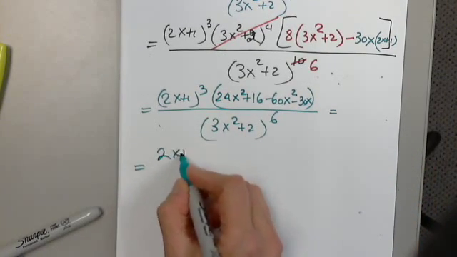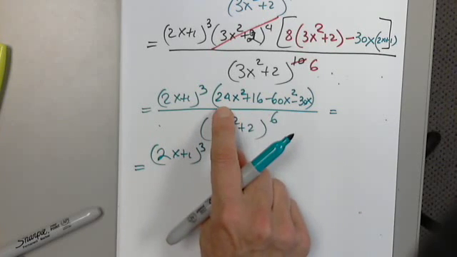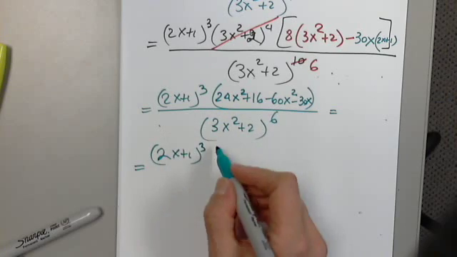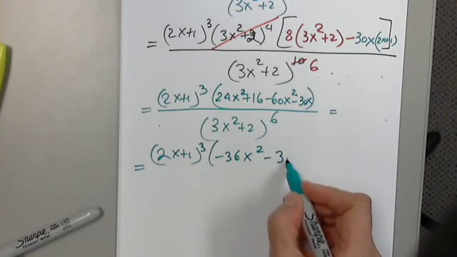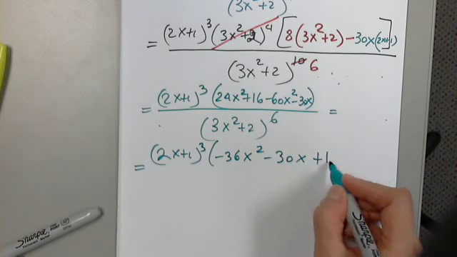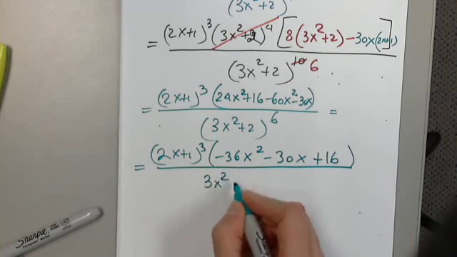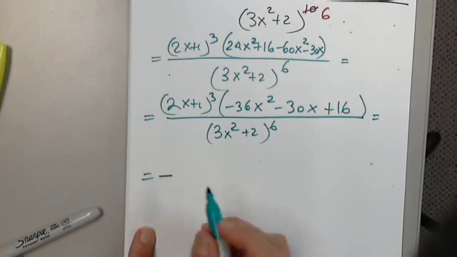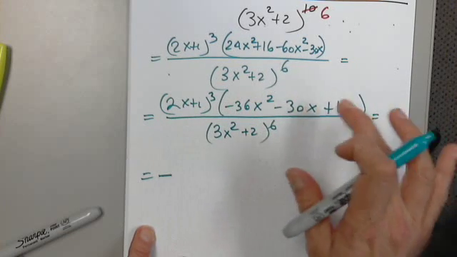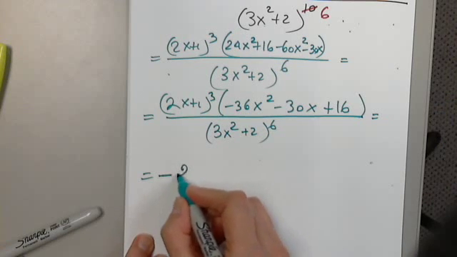So this is 2x plus 1 to the third. Negative 60 plus 24 is very good. Then I have to write the negative 30x, and then I have to write the 16. And I will factor out the negative leading coefficient and also what is common to these 3. Only 2.